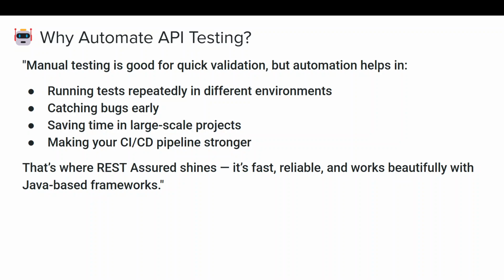In such a situation if you automate those APIs, it will be a very time saving activity. Also it will help your CI/CD pipeline become much stronger. And that's where REST Assured shines. By using REST Assured, we can automate the API. The tests are fast, we can execute them very quickly, they are reliable, and they work beautifully with Java based frameworks.